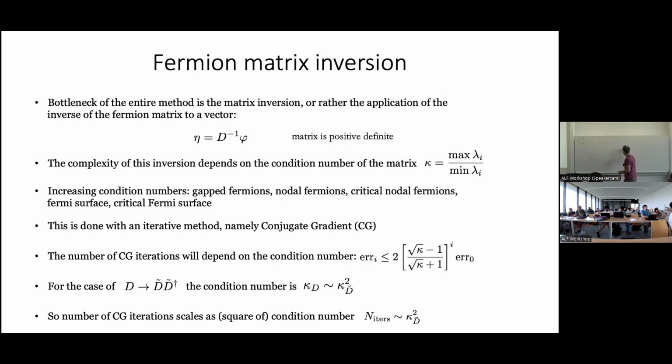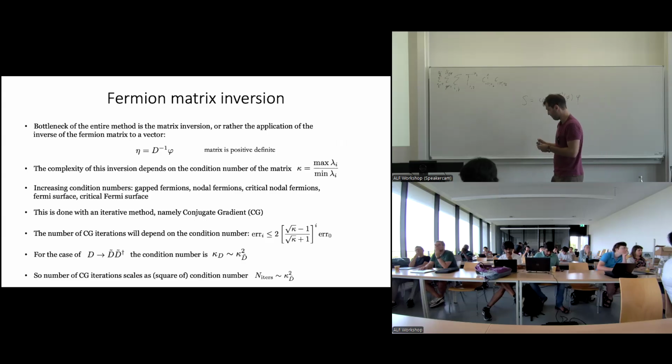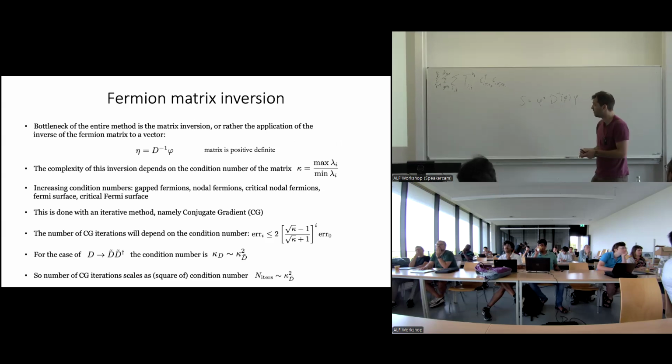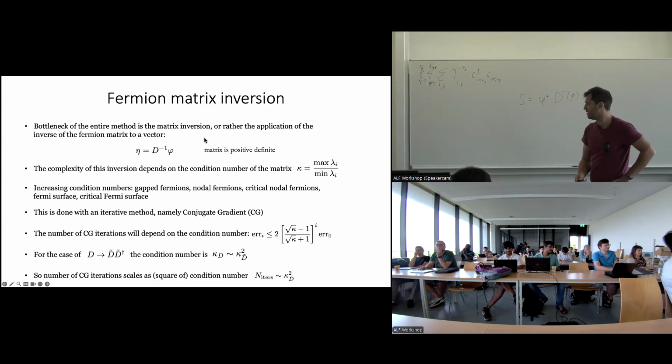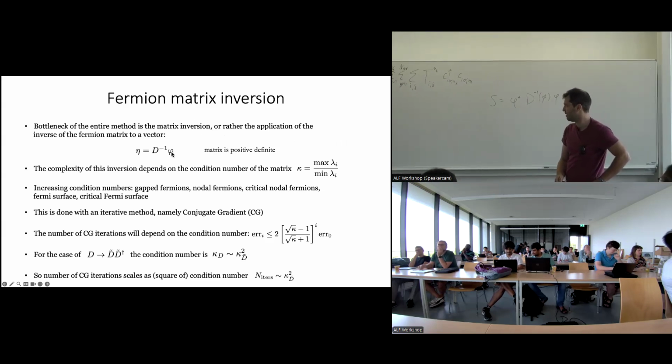You have this complex bosonic variable bar phi, and then you have the inverse of this fermion matrix that depends on phi, and then you need to compute this overlap. Here, as I was saying in yesterday's talk, D is going to be assumed to be a positive definite matrix.